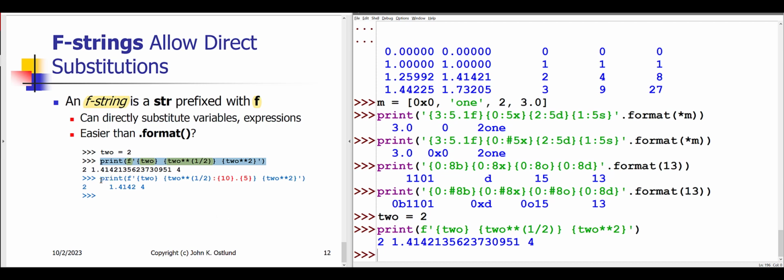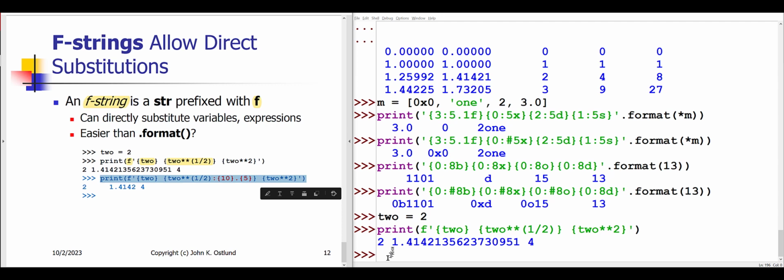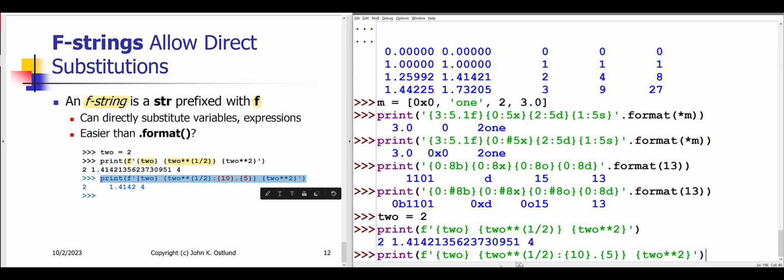This next one shows the horrificness of specifying the field width and the number of digits after the decimal point. So I don't know. They've kind of lost me with F strings here. So in the first curly braced reference to this variable 2, I'm just printing the value of that variable 2.